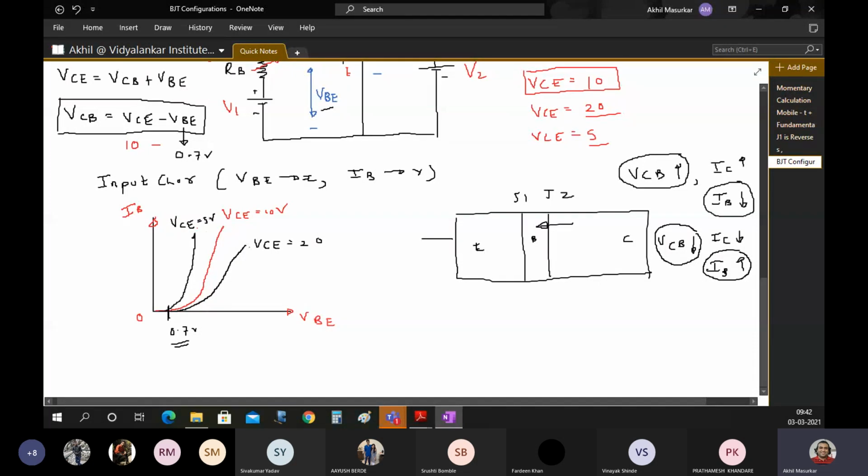Now let us quickly see the output characteristics.